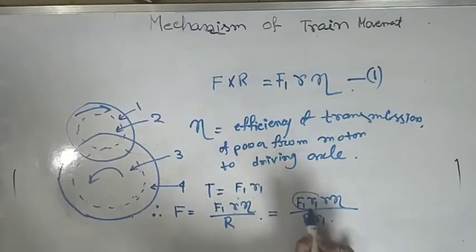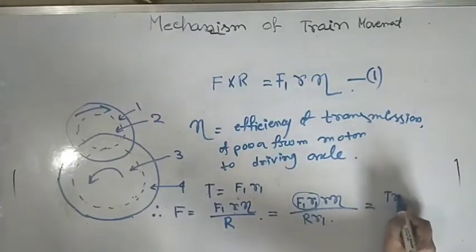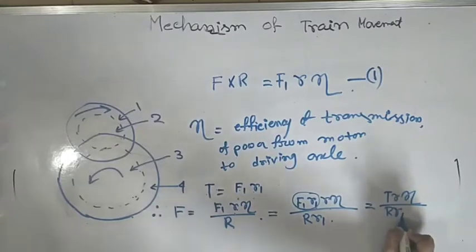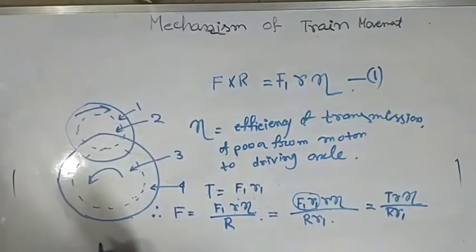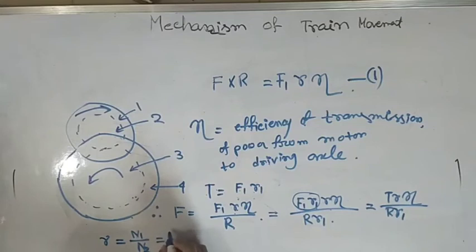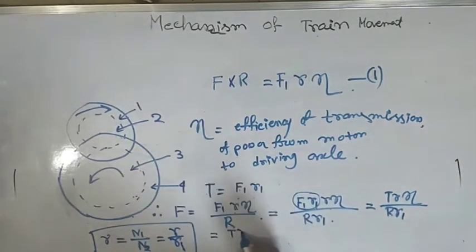And F1 R1 is torque T, so F equals T into eta by R into R1. Now gamma is equal to N1 by N2, and this is equal to R by R1. So F equals T gamma eta by capital R.